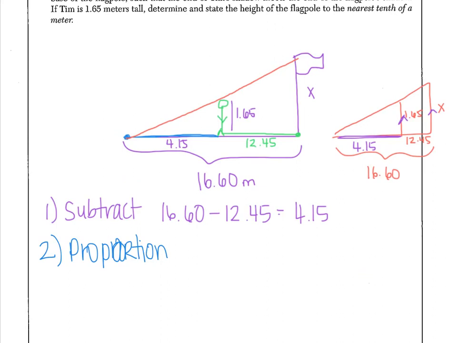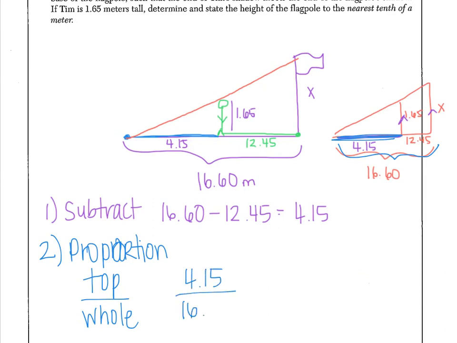So here, I'm going to choose to do top over whole. Now, this triangle's on its side, so the top is actually the 4.15 over the whole, which is 16.60. 4.15 over 16.60, which is equal to, now I have to do this piece here, 1.65 over the whole bottom piece, x.